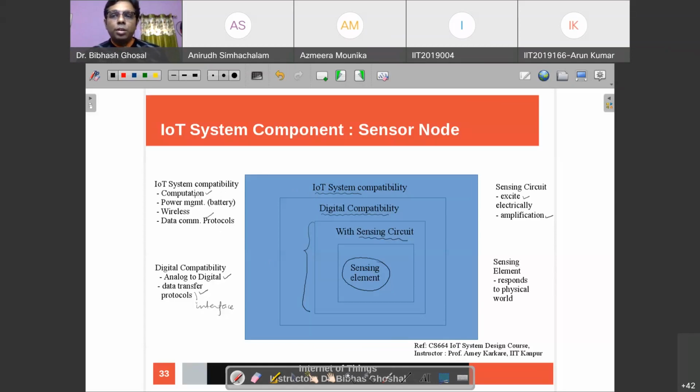Will it run simple algorithms, or will it be only simple storage, or will it have some sophisticated algorithm that can perform decision making? How am I going to power that particular device? Will it be battery operated? Will it be wired or wireless communication? So that involves, once you come out of the sensing element and the sensor chip, whether you want to keep it or allow it as a separate unit. This is basically a sensor node.